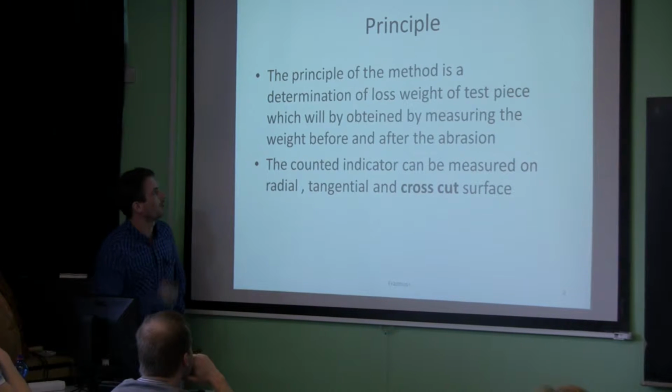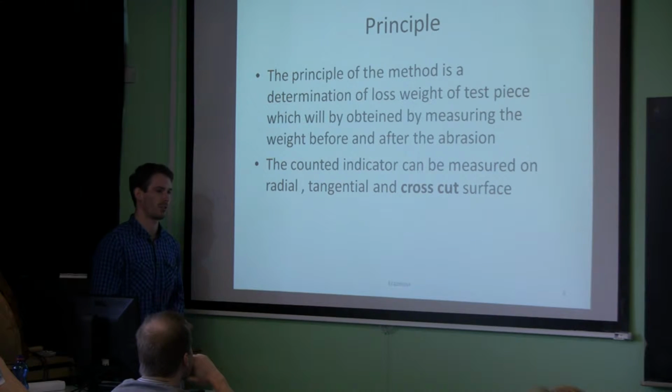We actually want to determine the weight loss of that piece, which will be obtained by measuring the weight before and after the abrasion. Basically, in other words, you can imagine that we want to remove a certain amount of mass from the sample.